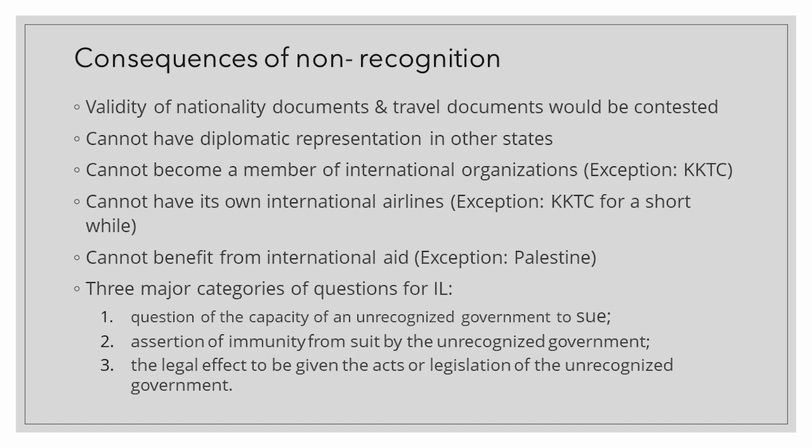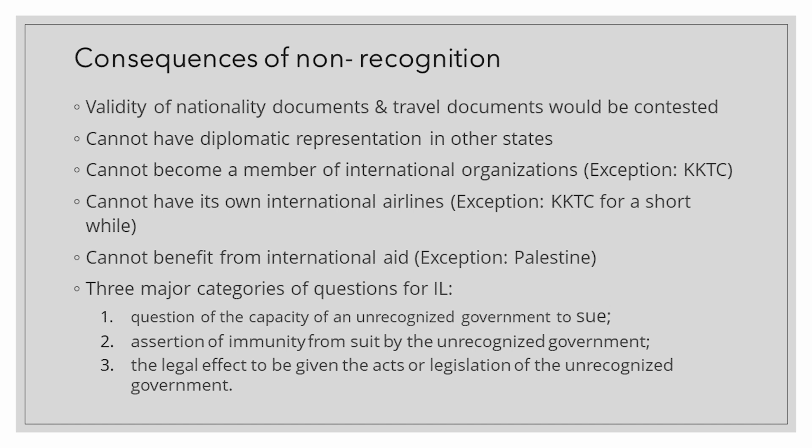Now, three important questions surrounding this non-recognition debate for the purposes of international law are: first, the question of the capacity of an unrecognized government to sue. So if a state is not recognized, can its government sue other states' governments for any wrong that other states have done to the new state, to the unrecognized state?